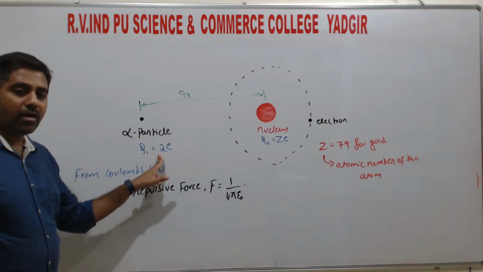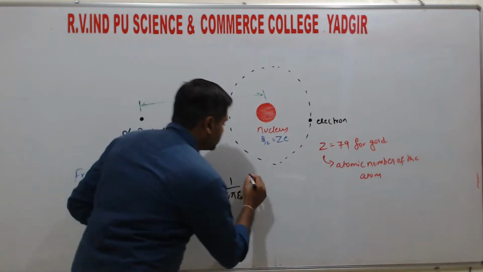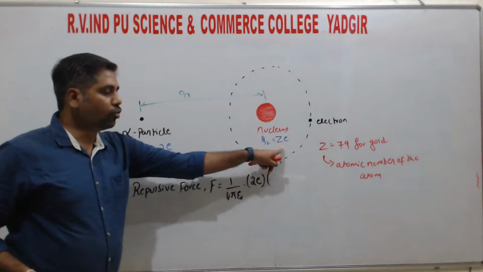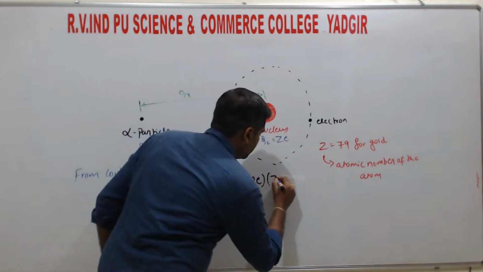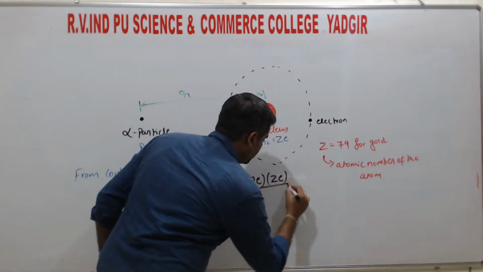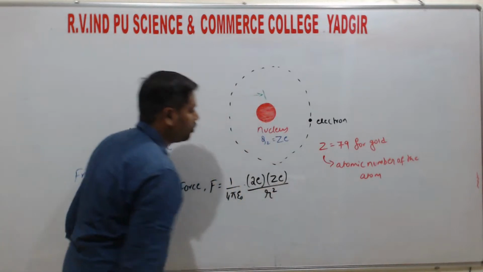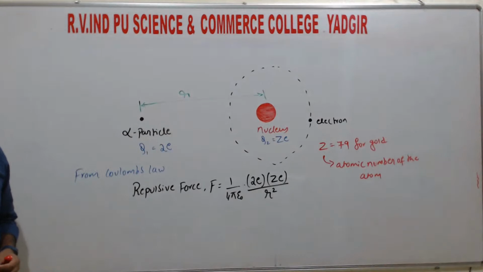Here Q1 is 2E and Q2 is ZE, divided by R squared.